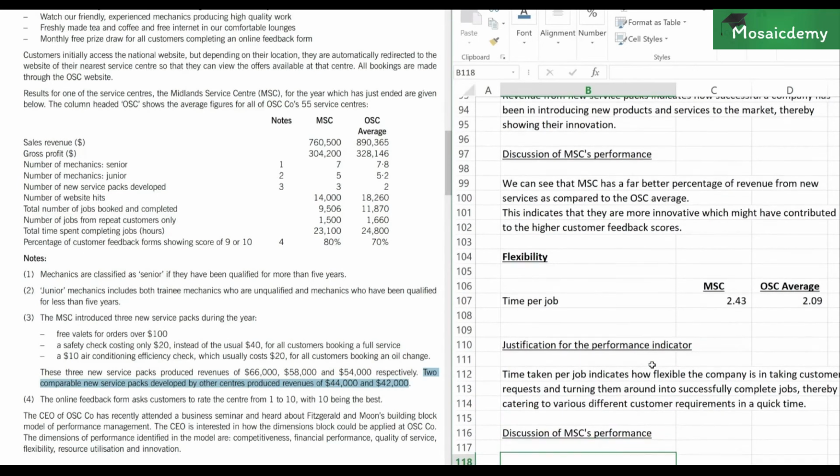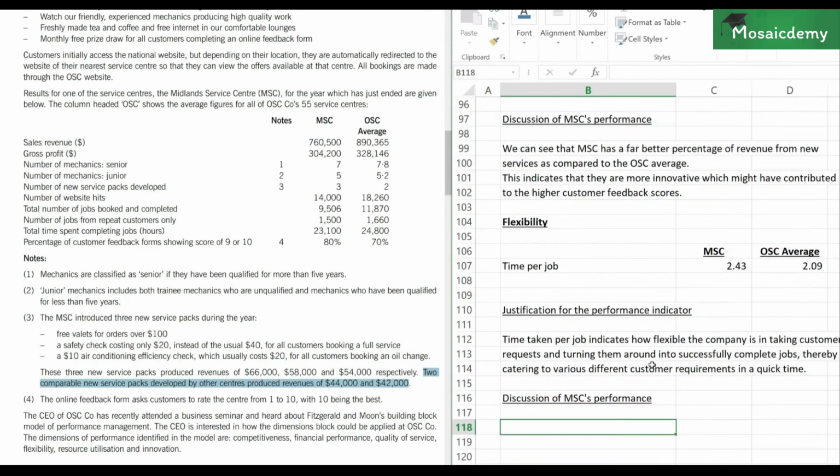Okay, let's discuss the performance quickly. So as we can see, MSC mechanics take more time per job than the average OSC mechanic, right?